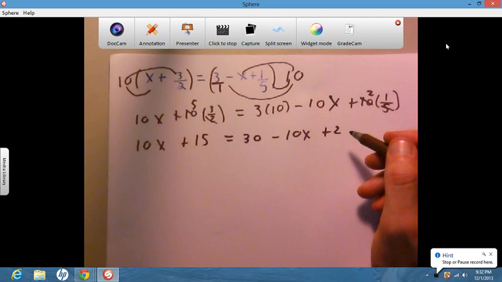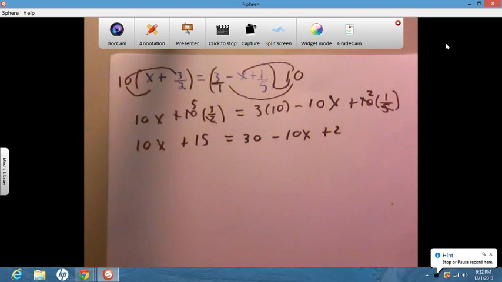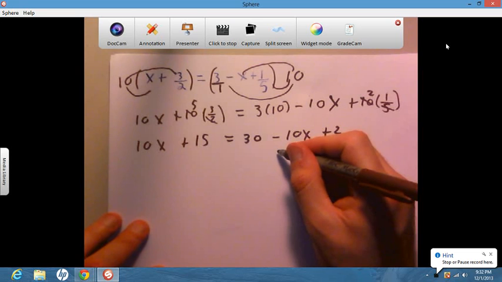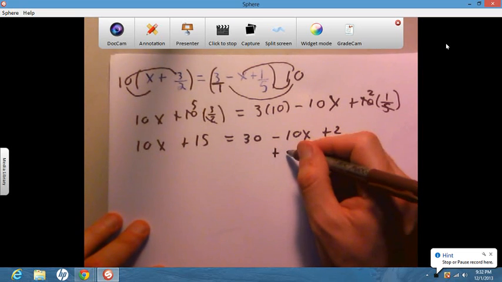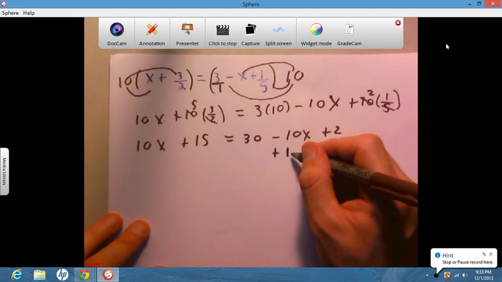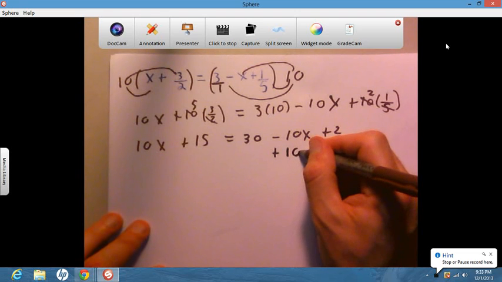Now what we're going to do is add 10x to both sides. I'm sorry, add 10x to both sides.